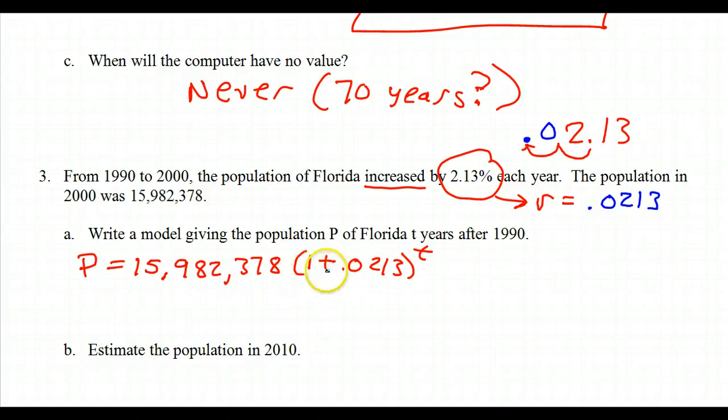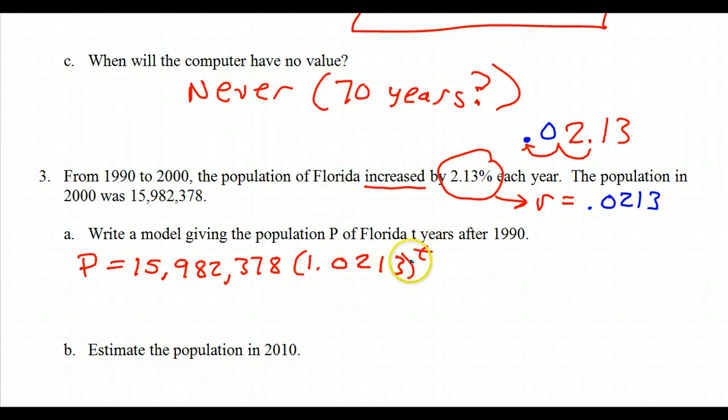But of course, doing 1 plus 0.0213 is just the same thing as 1.0213. Okay, so that's the model.